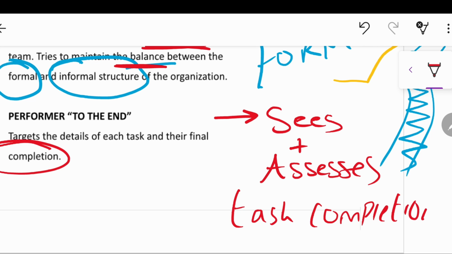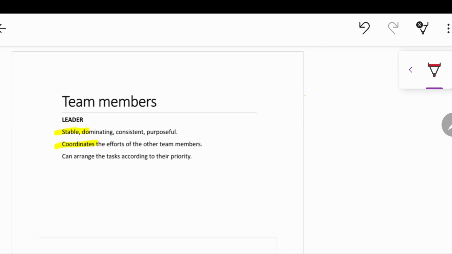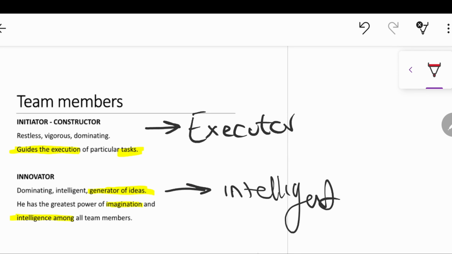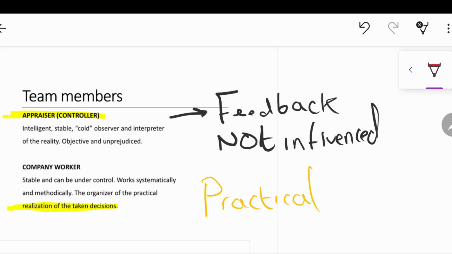So we're going to go over this one more time. Team members include the leader, who can lead the team, the initiator, who is the executor of the tasks. All right. Innovator has the most intelligence. The appraiser, who is the feedback, cold, not influenced individual.